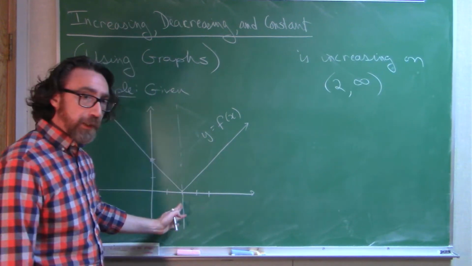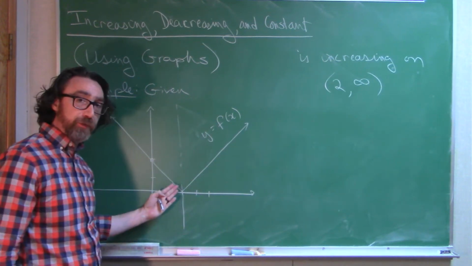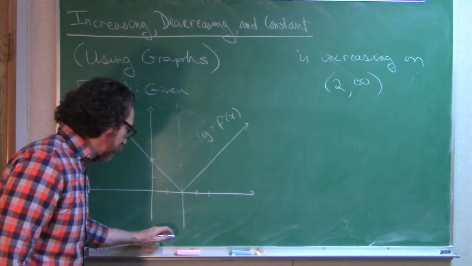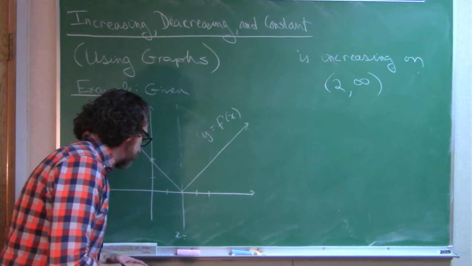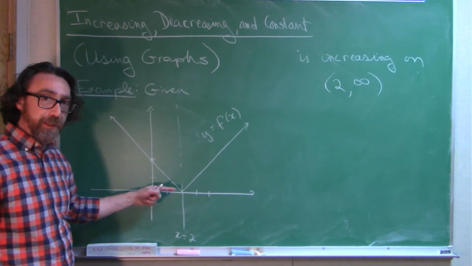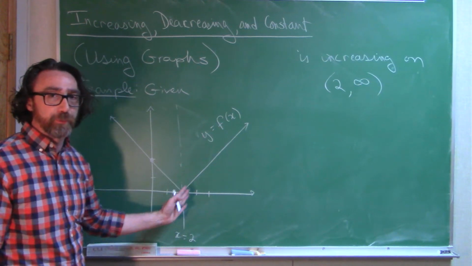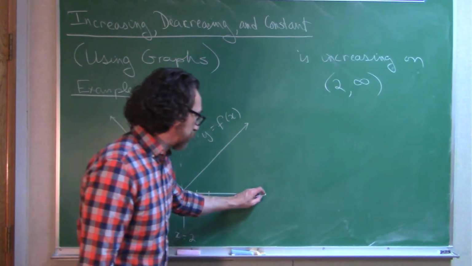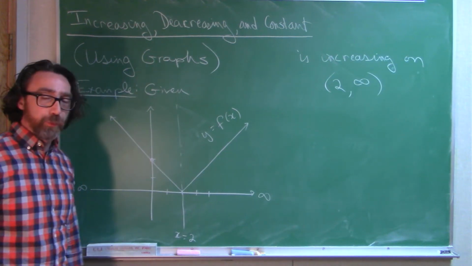Imagine we take a pair of scissors and we cut this into two pieces. Here's the decreasing section, here's the increasing section. Where is this happening? The decreasing part is happening until x equals 2. And then, after x equals 2, it starts to increase. Remember, positive infinity lives way over here, negative infinity lives way over here.